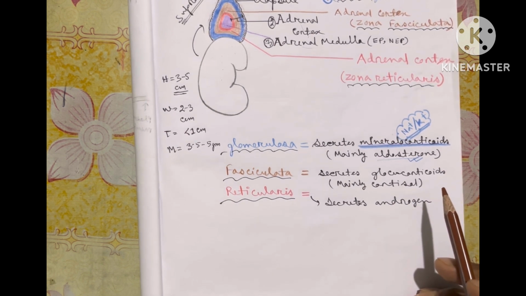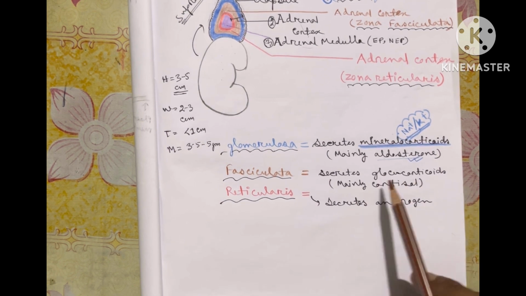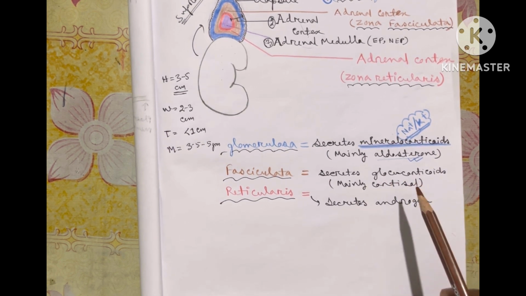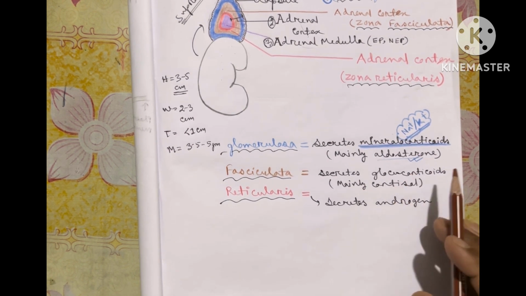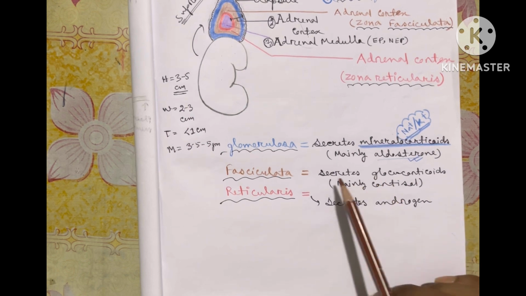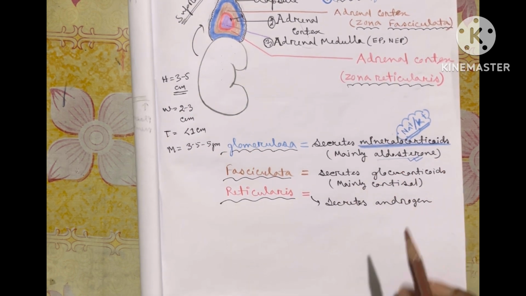That part we will discuss in the renin-angiotensin-aldosterone system, along with the role of cortisol in maintaining glucose homeostasis. But here, just remember that glucocorticoids are responsible for maintaining glucose homeostasis.